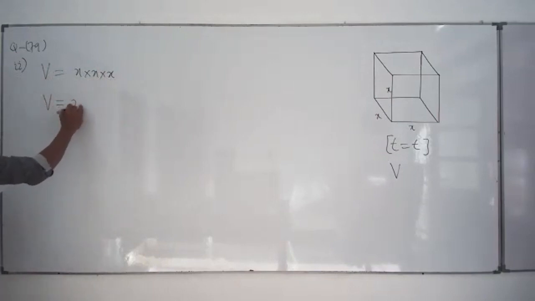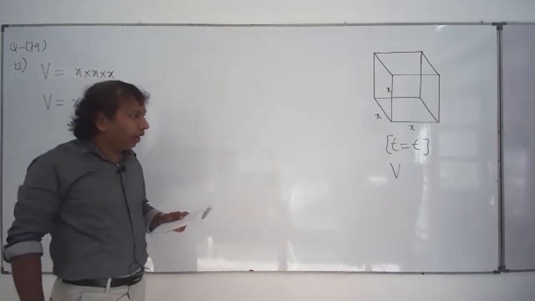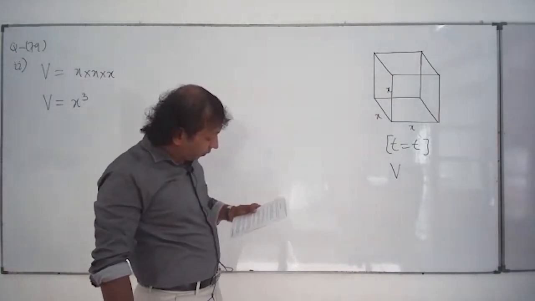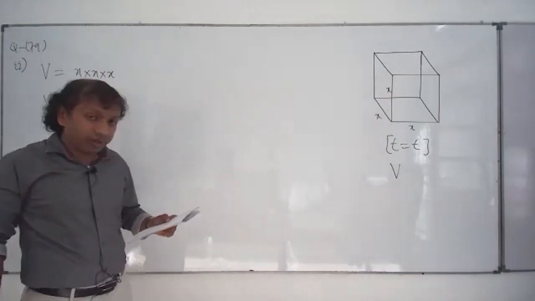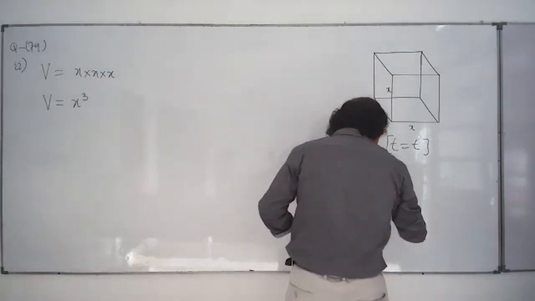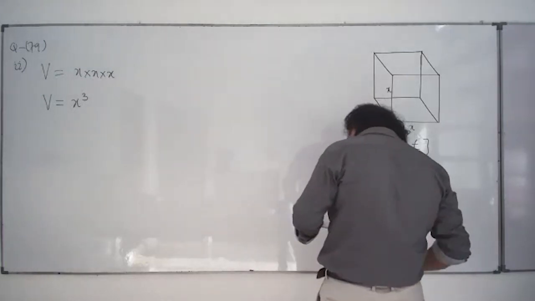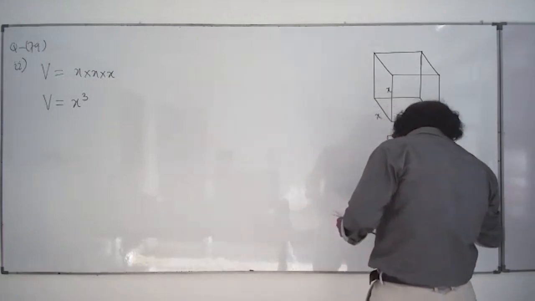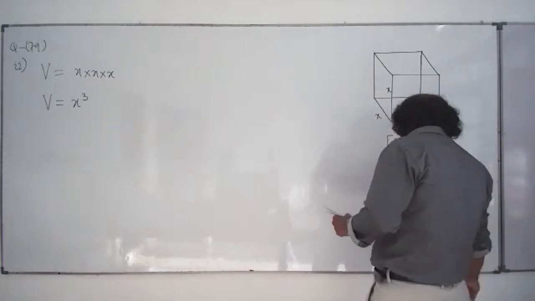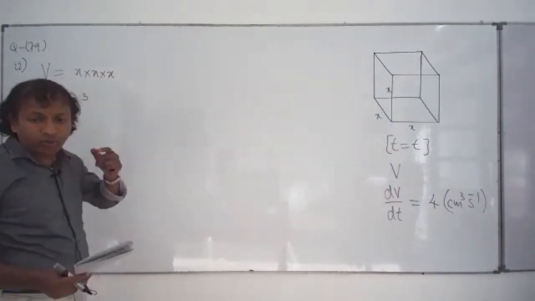V equals x cube. And we are given the rate of increase in the volume, dV by dt, 4 cubic centimeters per second.